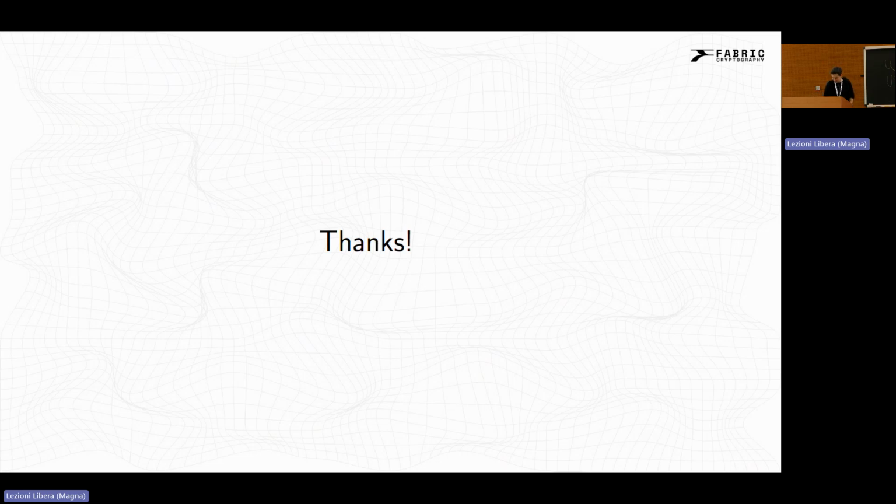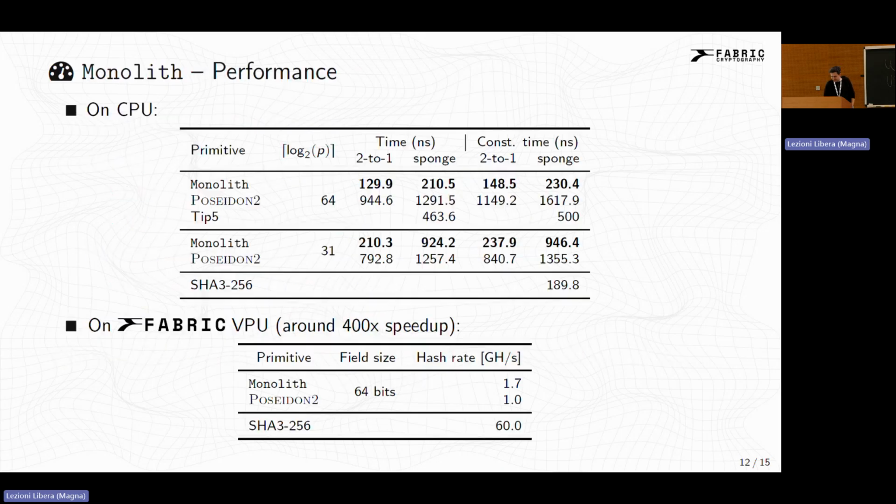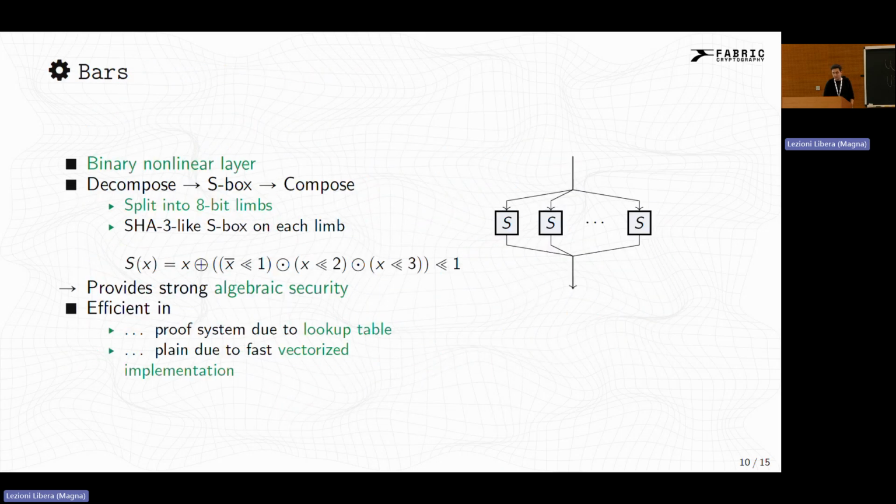We wanted to keep it simple. We wanted to use something which is already known. On the protocol side, we could use any function which works over 8 or 16 bits, so this is fine. But we wanted to use something which is also efficient to implement in a vectorized implementation. So this was mainly the reason here.